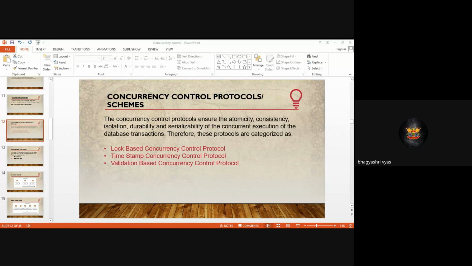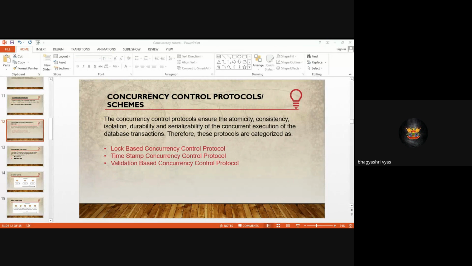In the context of a database, a transaction can be defined as a group of tasks, or a unit of program that executes on various data objects.